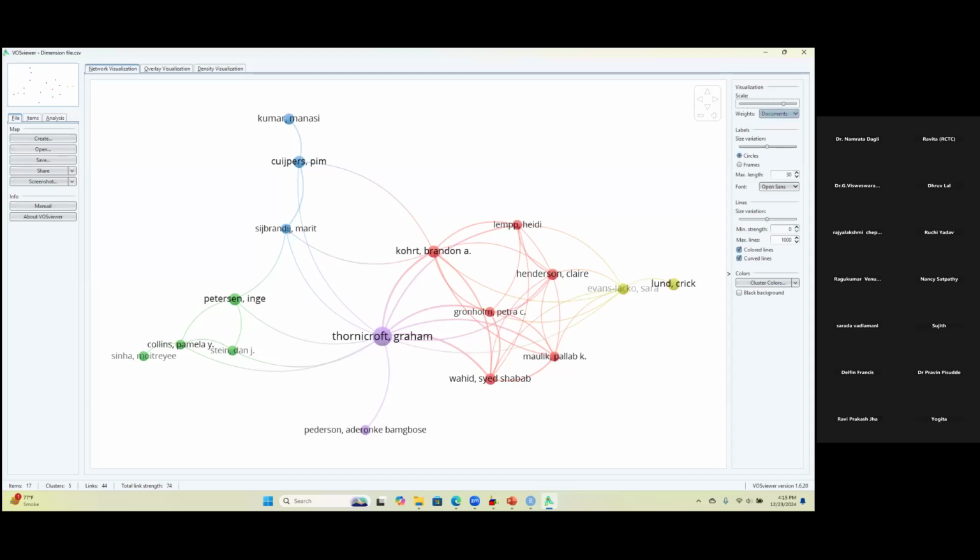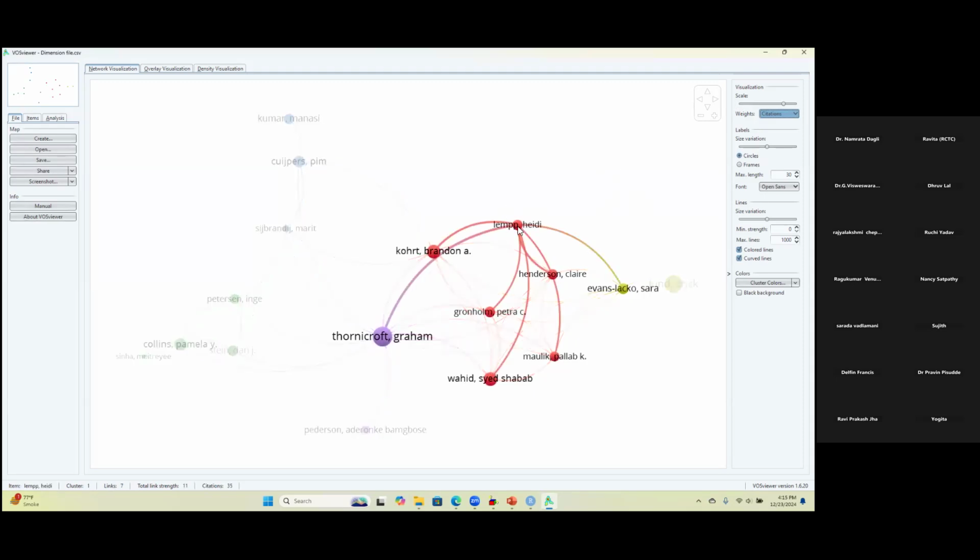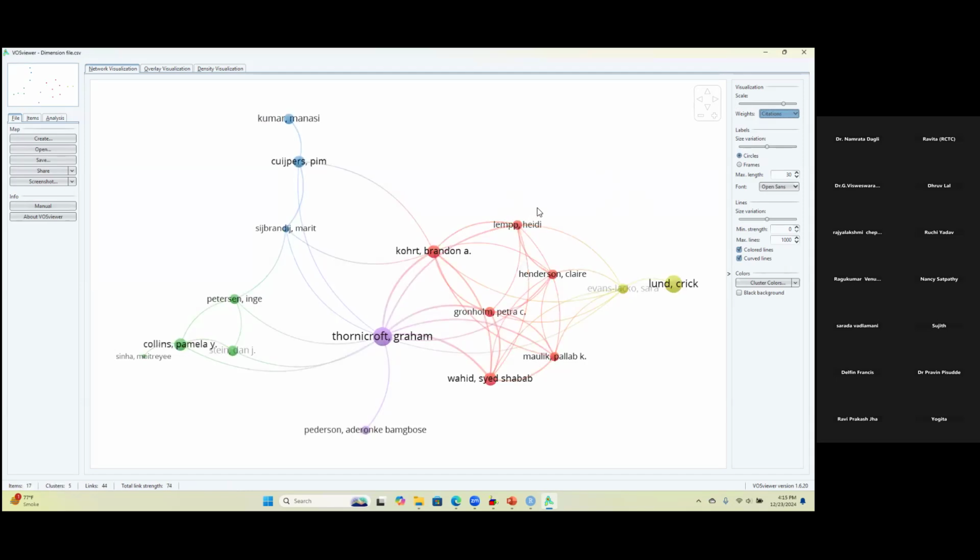I can change the weight from document to citation. Now the node size is based on the number of citations. So when I write my results, I need to mention the weight.